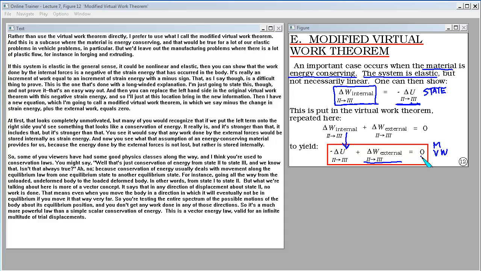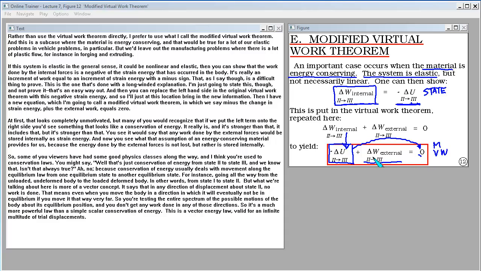At first that looks completely unmotivated, but many of you would recognize that if we put the left term onto the right side, you'd see something that looks like a conservation of energy. It really isn't. It's stronger than that. It includes that, but it's stronger than that.